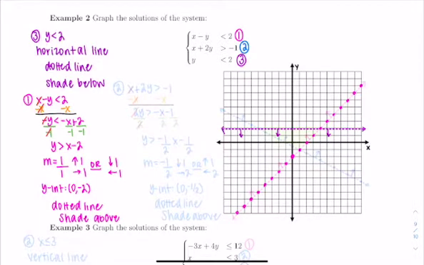And so this is a dotted line, and we are shading above.